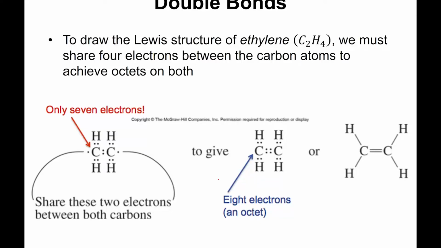So to draw a Lewis dot structure that has a double bond, here we have ethylene. This is C2H4. And ultimately, we must share 4 electrons between the carbon atoms to achieve an octet.